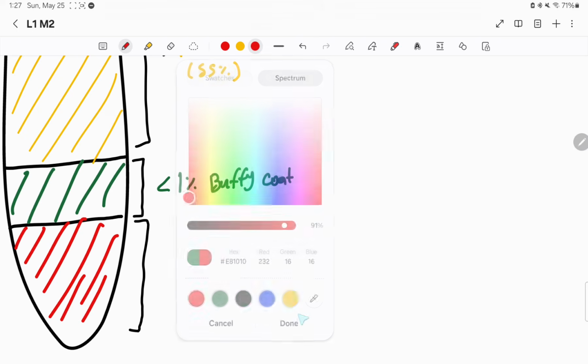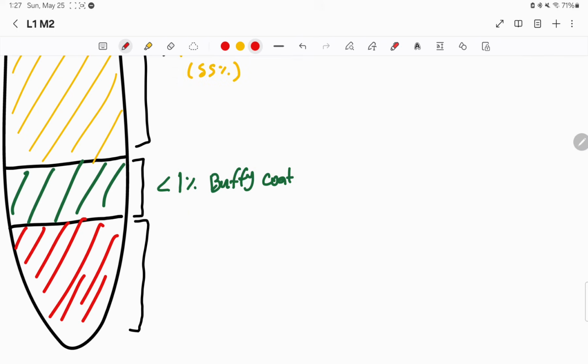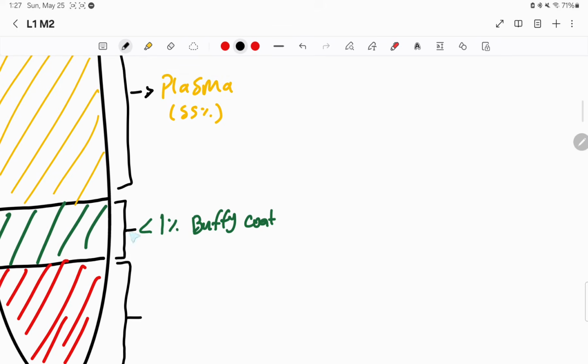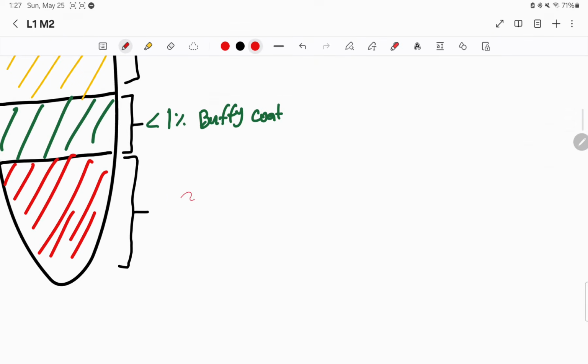And then here's this last part, which actually contains your red blood cells. So let's bring this out here. Let's put this here. This contains your red blood cells, also known by their fancy name, erythrocytes.